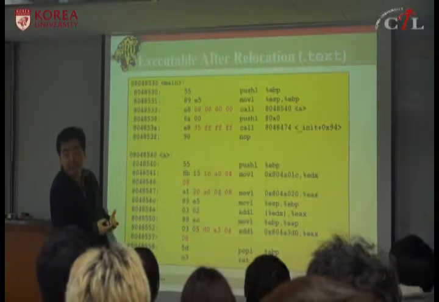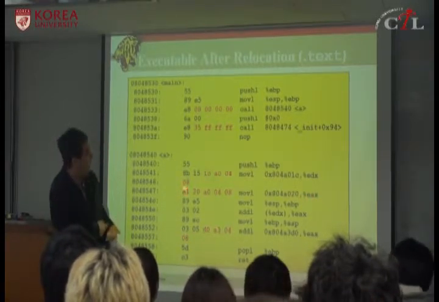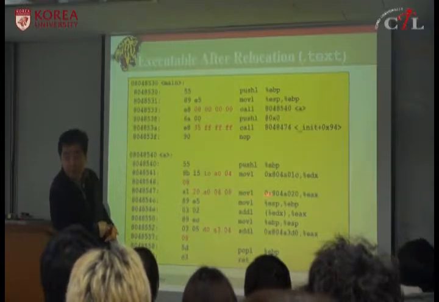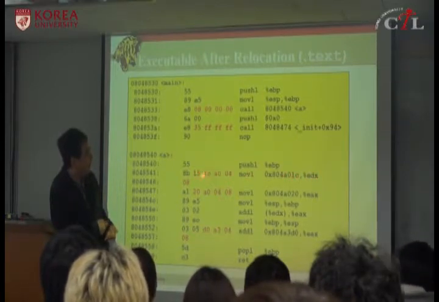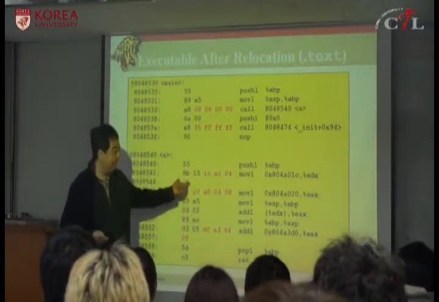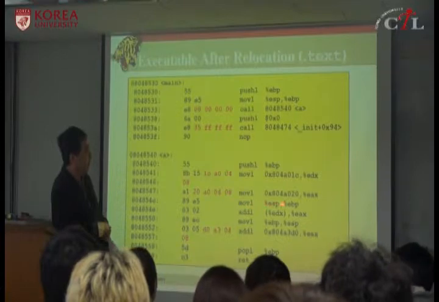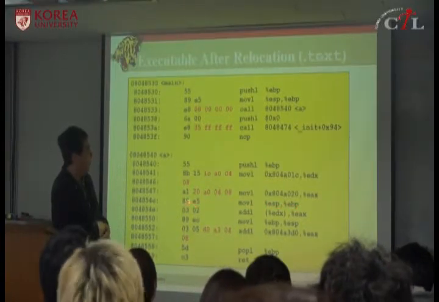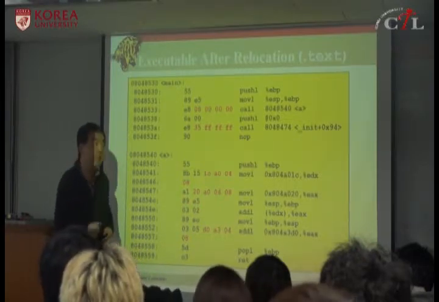Maybe EAX might be the default destination register. And this should be the opcode for this move L to EAX. But for other move L instructions copying to other registers, you have to specify the register number also, or something like that. So you need 2 bytes. And the third one is actually moving the stack pointer to the frame pointer. And they are using this kind of different opcode. Okay? Other questions?